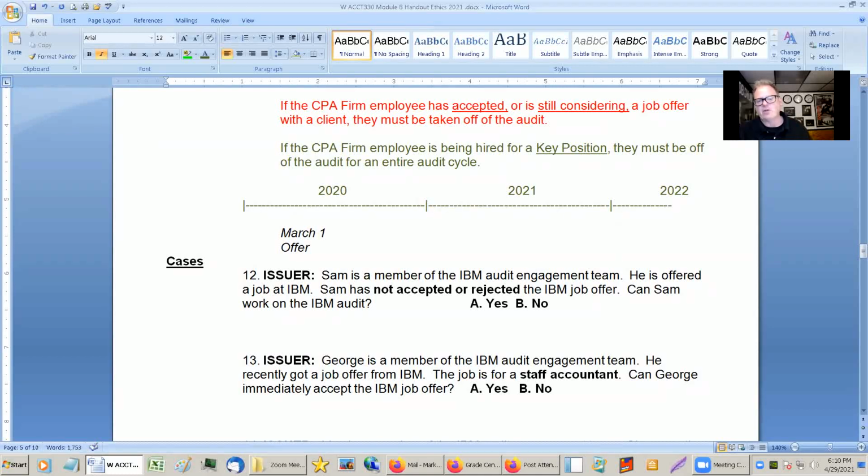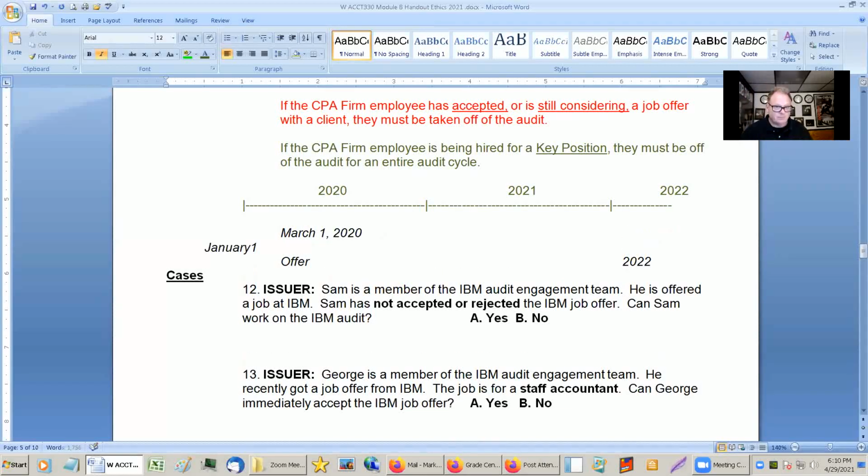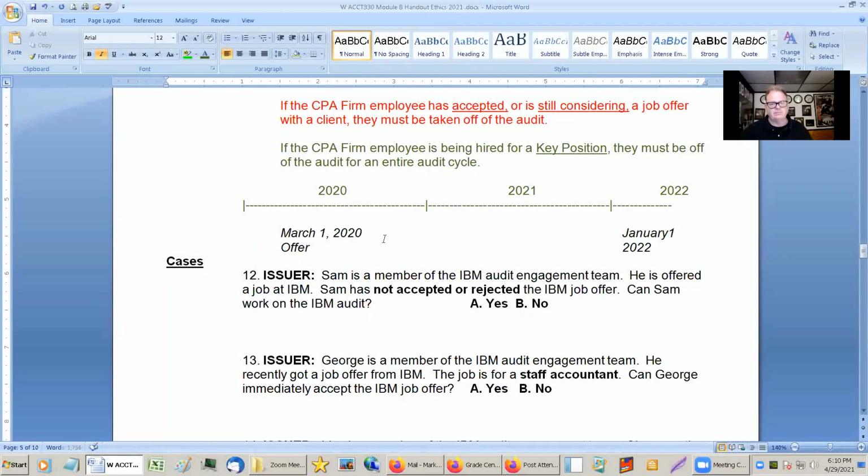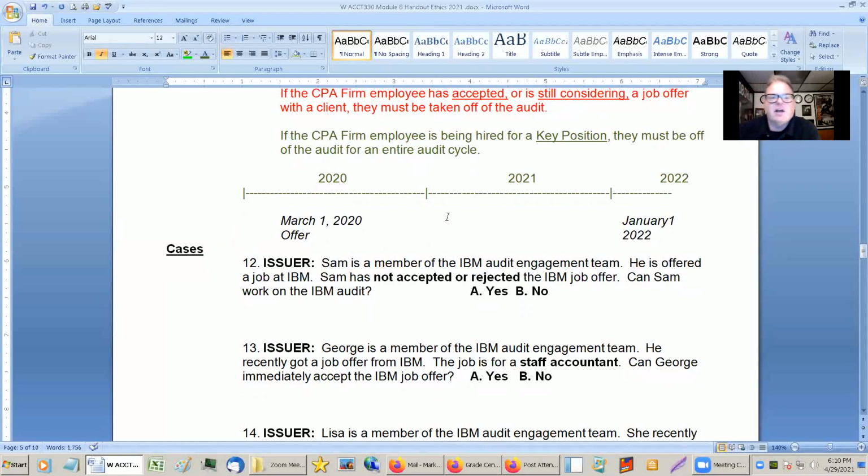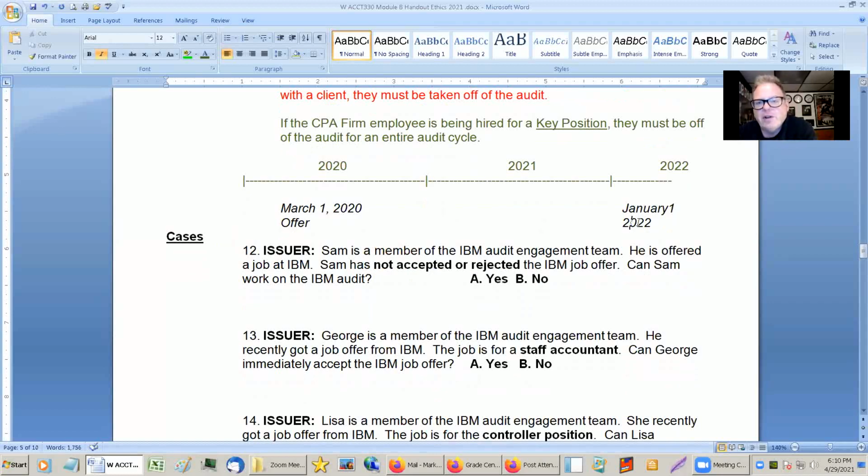You've got to wait for the entire 2021 cycle so you can take this job on January 1st, 2022. So March 1st, 2020, you get the offer. You cannot take that job until January 2022.